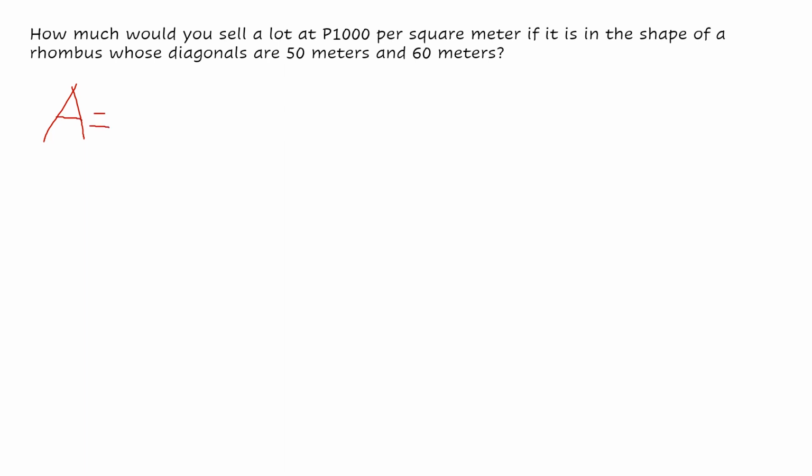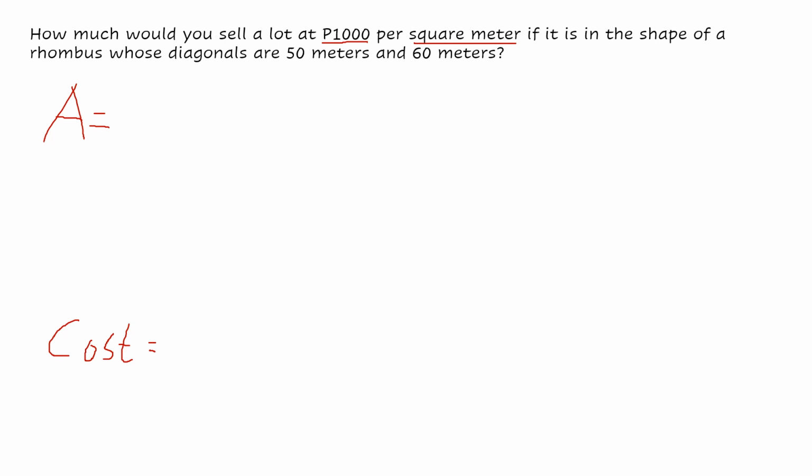Then after solving for the area of a rhombus, you have to compute the cost of the lot which is in the shape of the rhombus if the cost of the lot is 1,000 pesos per square meter.